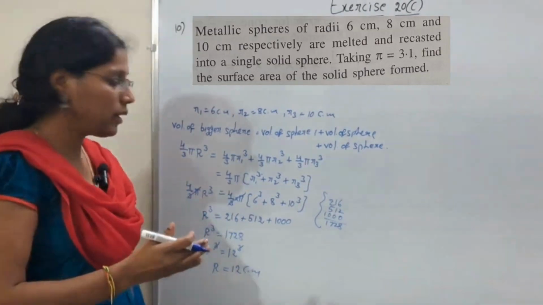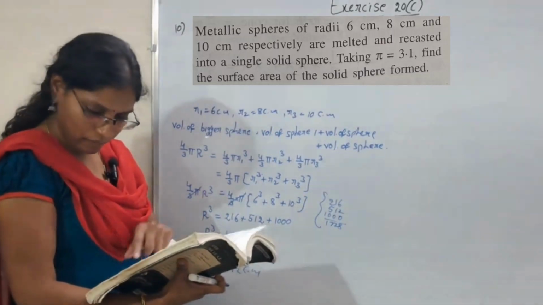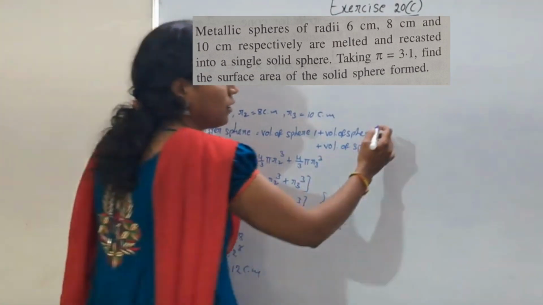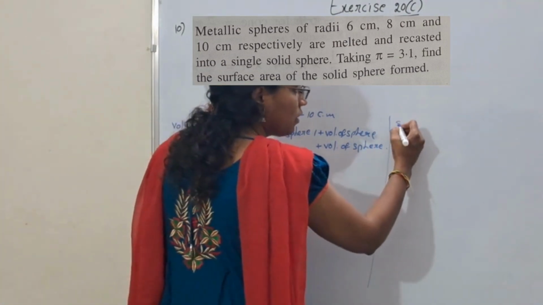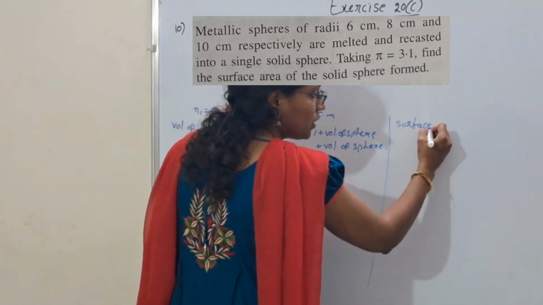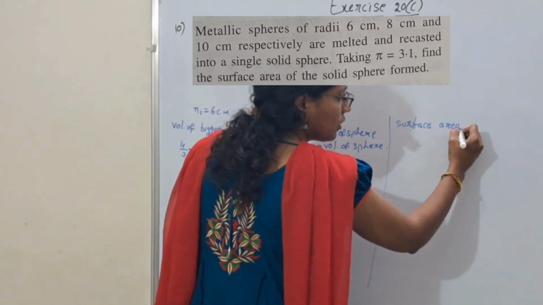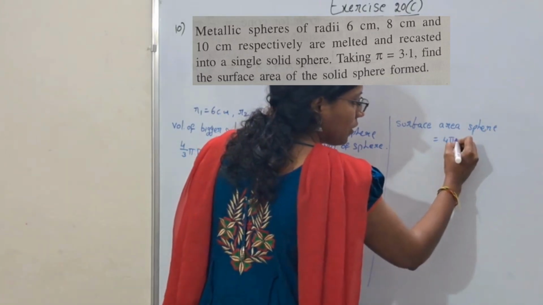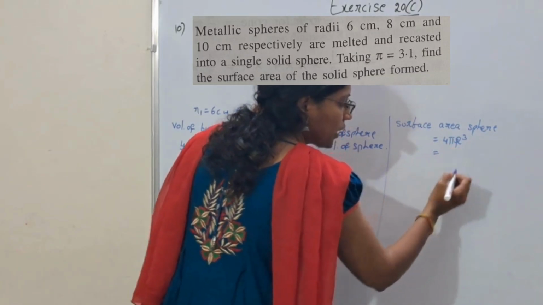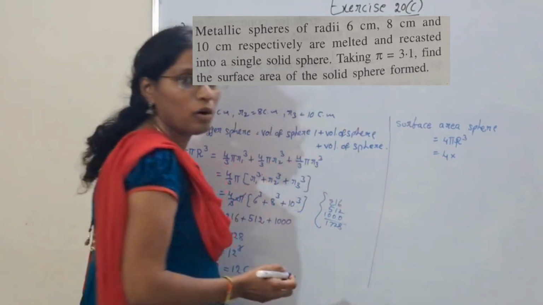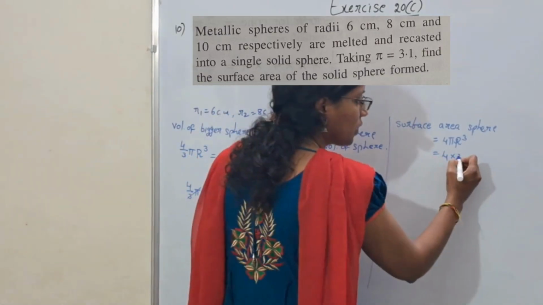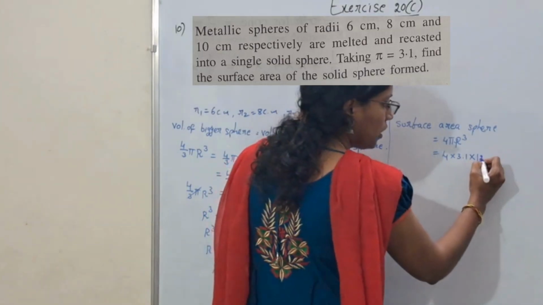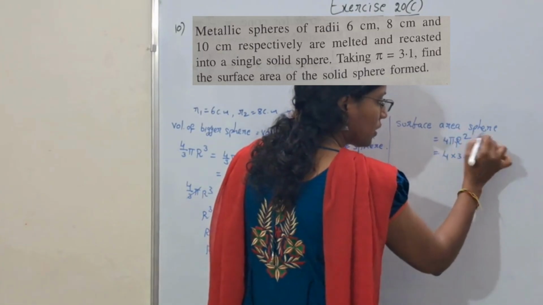Next, what do we have to find out here? Find the surface area of the solid sphere. Surface area of the sphere is equal to 4 pi R square. Here 4 into pi value, as given in the textbook, 3.1, into R value 12, square.